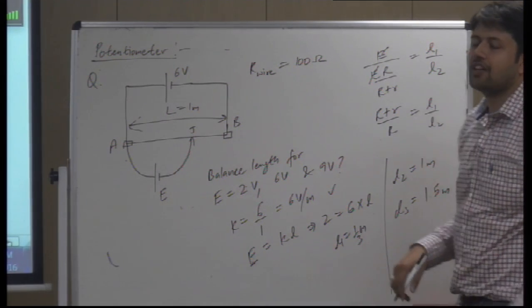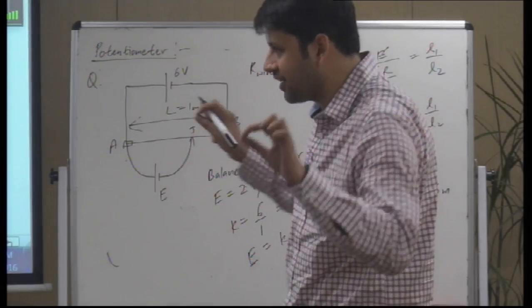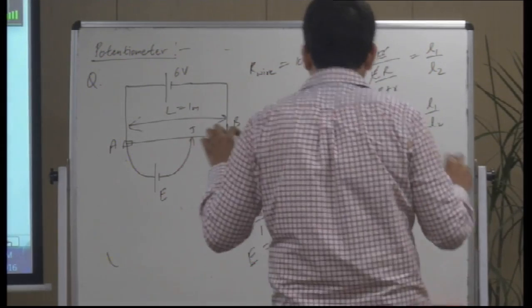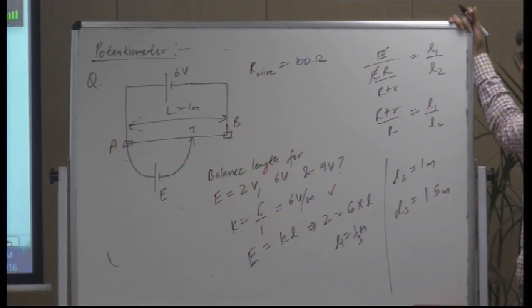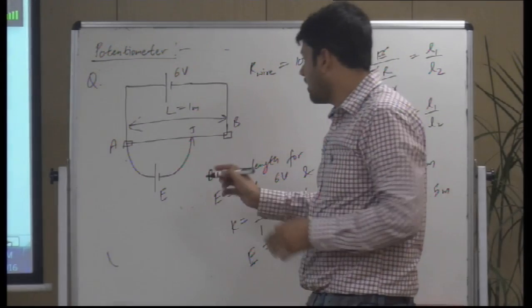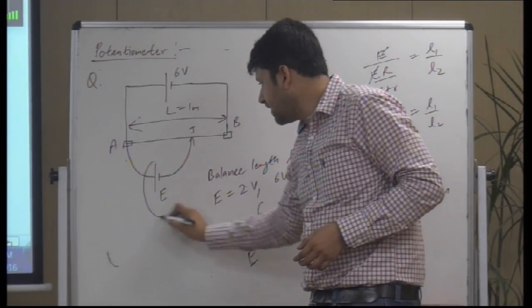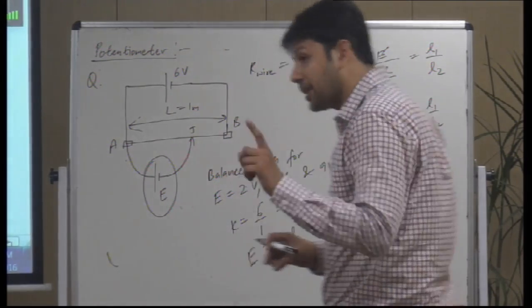You have a 1 meter long potentiometer wire, but the balance length is coming out to be 1.5. How can it be possible? नहीं हो सकता. The problem here is you can never connect a secondary cell. हाँ हाँ नहीं, comparable भी नहीं होना चाहिए.